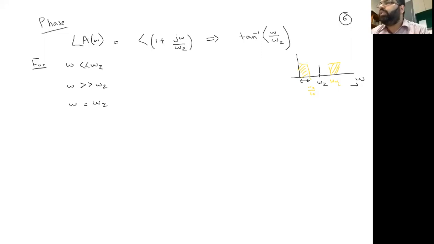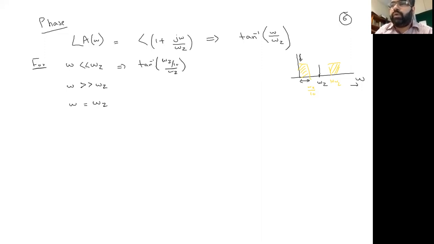So what are these 3 areas? For the first area, marked here, let's put in numbers to get an idea. We said omega is equal to omega z by 10. This means 1 over omega z by 10 by omega z.